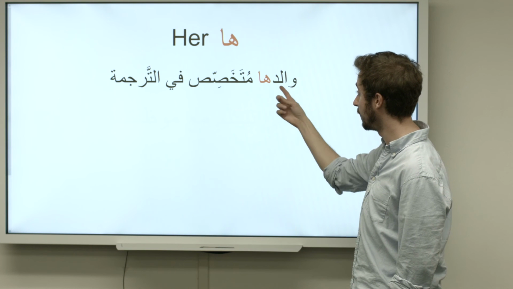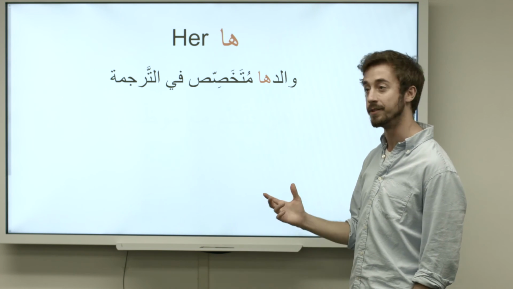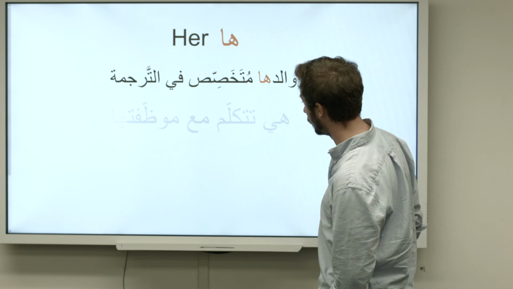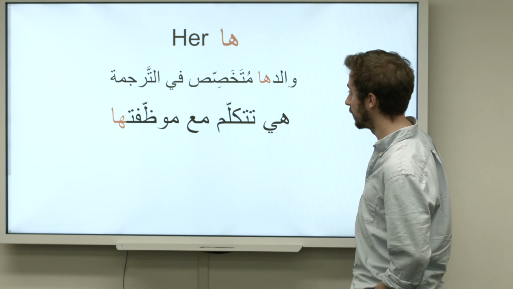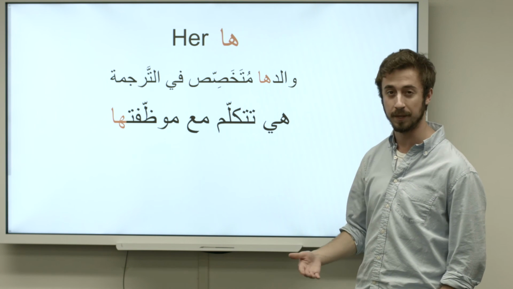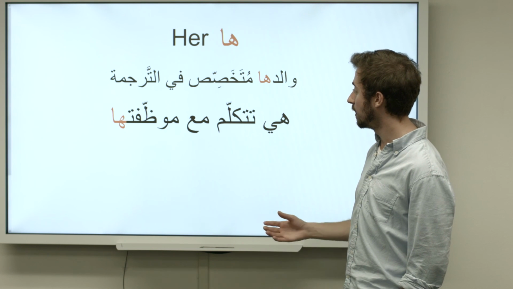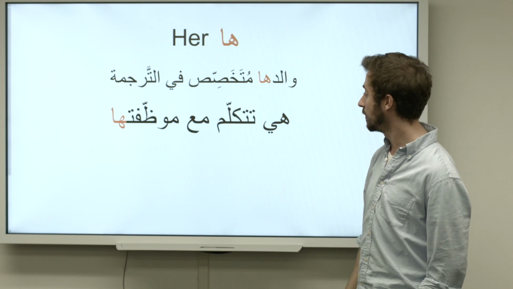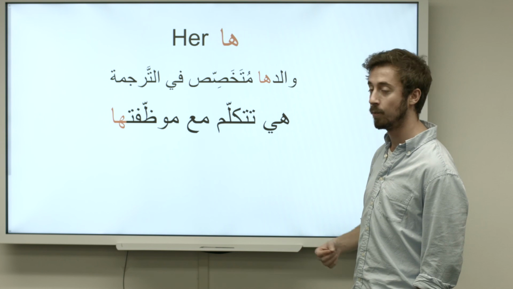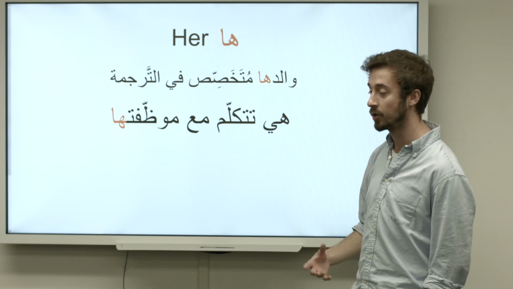So her father is an expert or specialist in translation. And one more example with a noun with a ta marbuta, we're going to use موظفة, female employee: هي تتكلم مع موظفتها. And that is singular possessive pronouns.